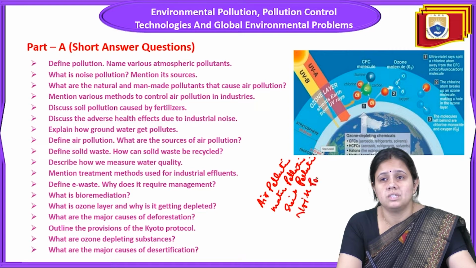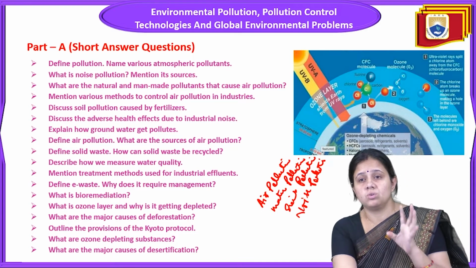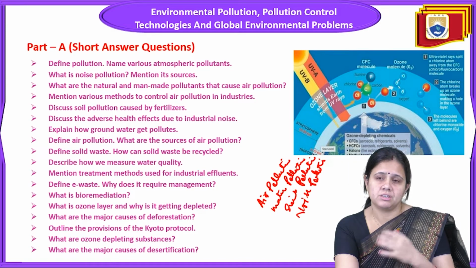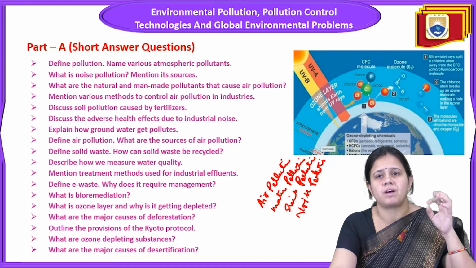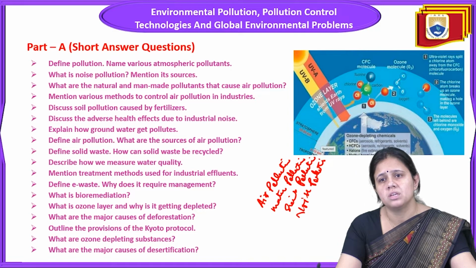All these are the types of pollution. Any undesirable change in the physical, chemical, and biological properties of air, water, or soil that is unfavorable for its use and for human consumption is called pollution.